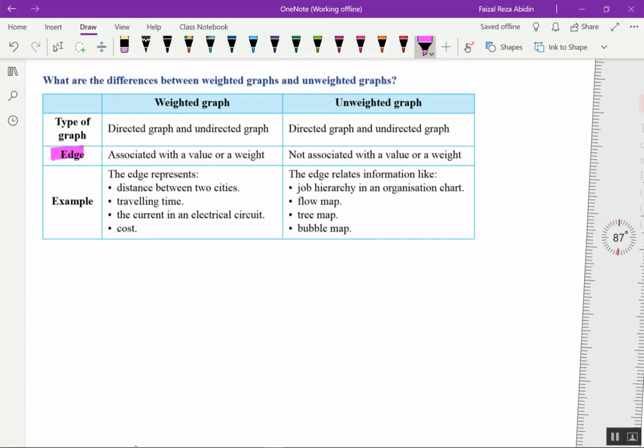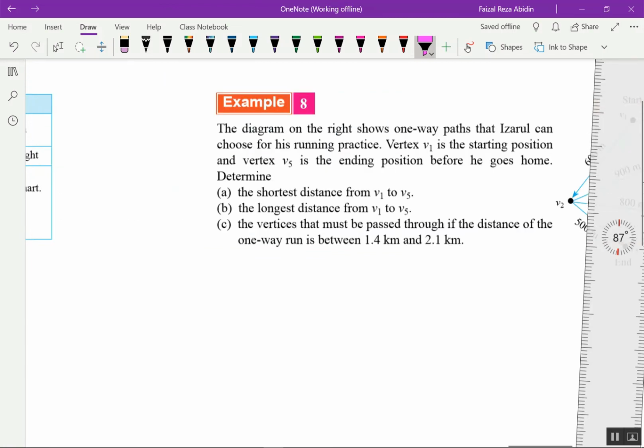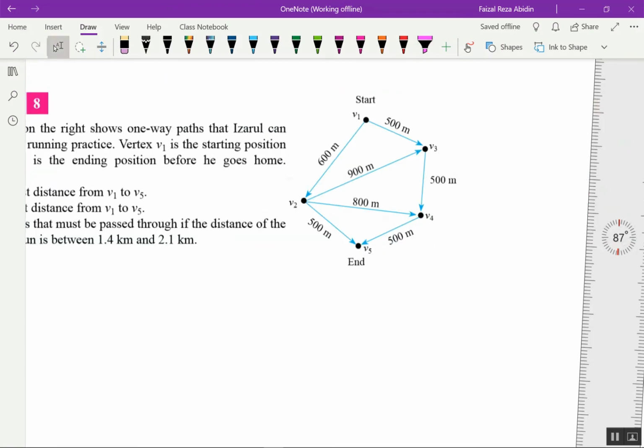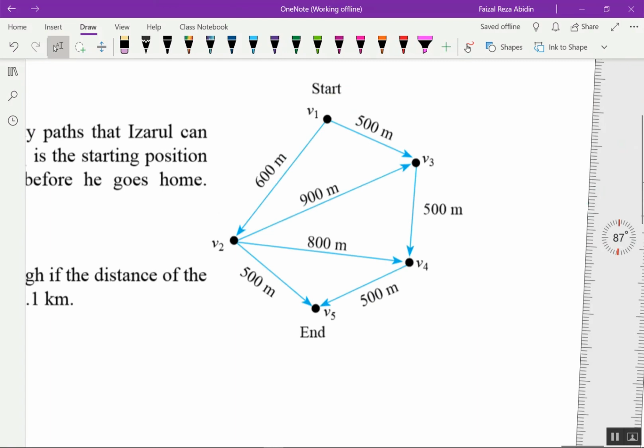Okay, for unweighted graph is job hierarchy, flow map, tree map, bubble maps, and so on. Okay, so we look at example for the weighted graph like this. Example 8. This is weighted graph. Given the value over there.